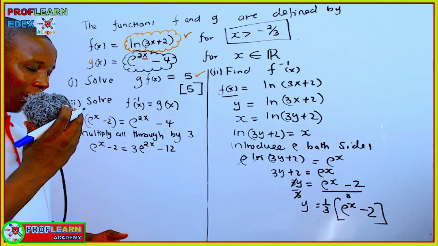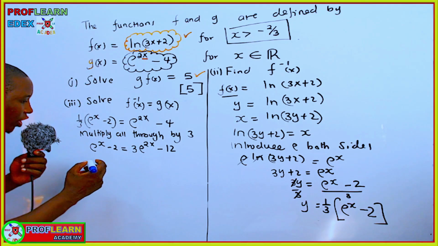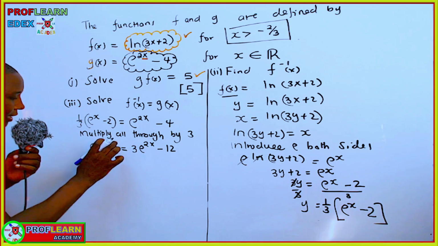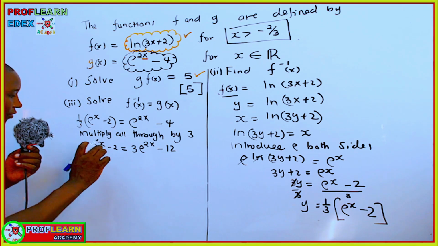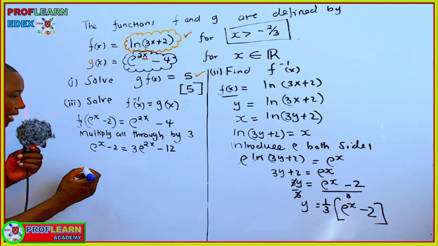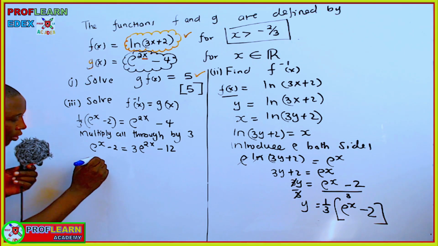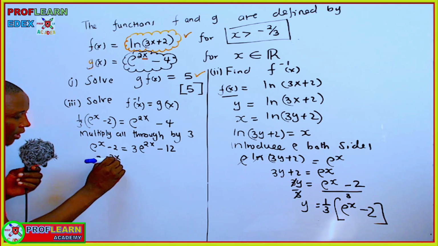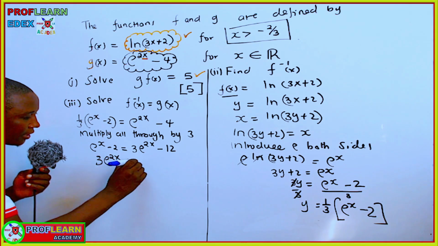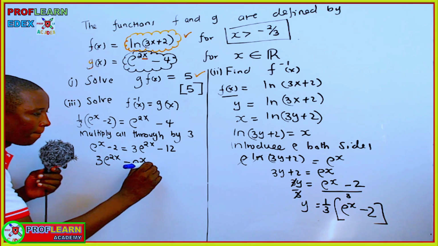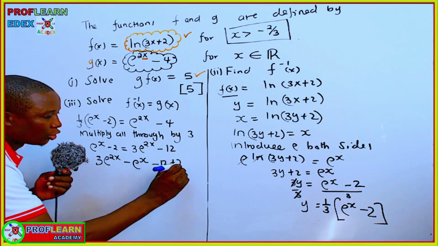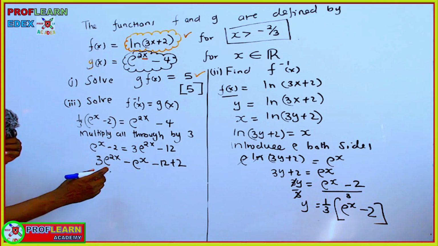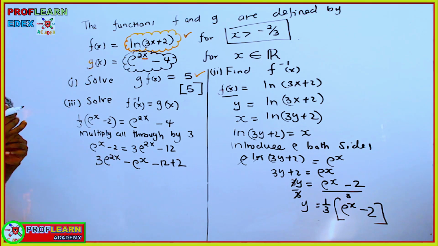And now we're going to have a very nice equation. If I take all these terms to the other side, I take 2 to the other side to be positive, and e to the power x on the other side becomes negative. So I end up having 3 e to the power 2x minus e to the power x minus 12 plus 2. Which means I can form a quadratic equation here.